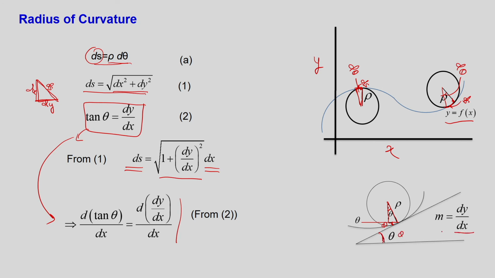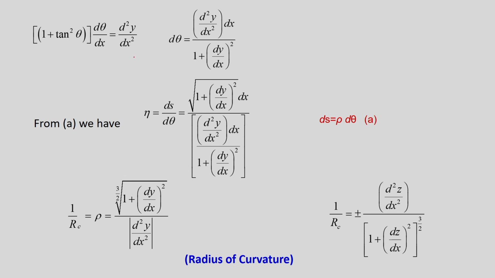So, that is why you can write m is equal to dy by dx. So, from this expression, pay attention to this expression. I have inserted this expression, 1 plus tan square theta d theta by dx is equal to d2y by dx square. And I write this d theta on the left hand side, take out everything on the right hand side. So, it will be d2y by dx square into dx by 1 plus dy by dx whole square.